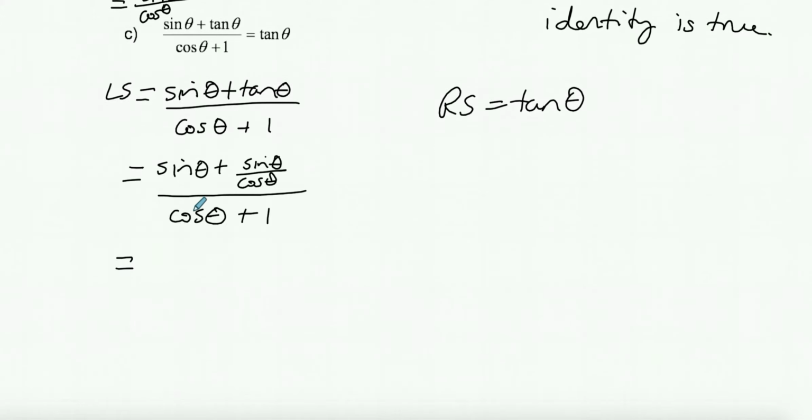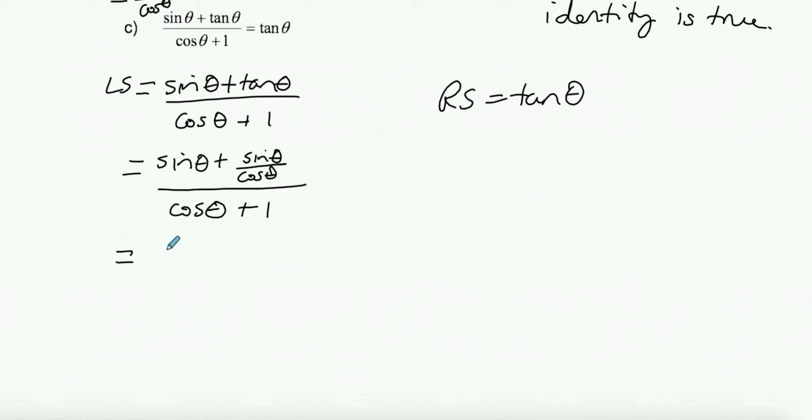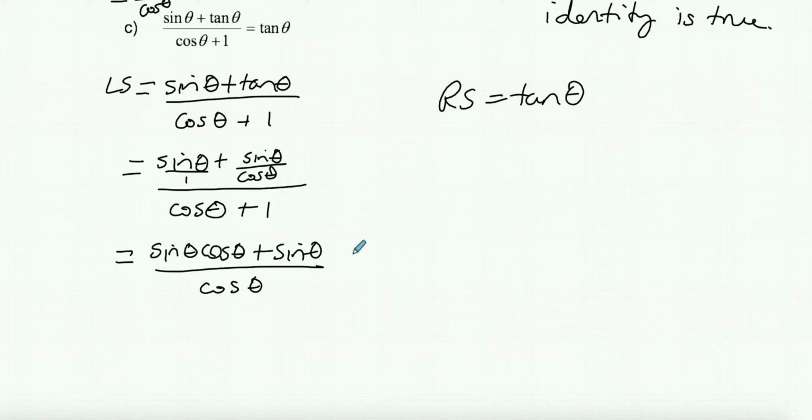In the numerator, I would like a common denominator. So what that means is if this was sine theta over 1, I would have to multiply sine theta by cosine theta in order to get a denominator in the numerator of cosine theta. I might then just write this as divided by the cosine theta plus 1.